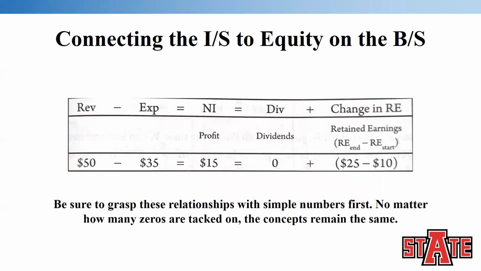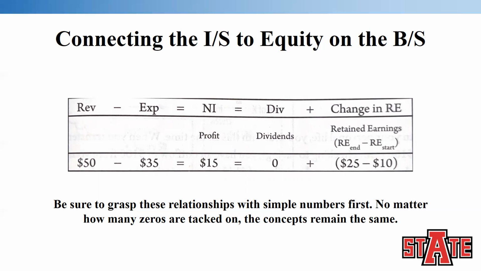And here's another way of looking at this: revenues minus expenses, we know that's net profit or net income, right? Again, assume revenues of 50, and we're lumping all of our expenses together into one big bucket just to make it manageable to write out in a linear way. 50 minus 35 again is $15 in net income. And what we're saying on the right-hand side is that net income is the sum of dividends to shareholders plus the change in retained earnings.